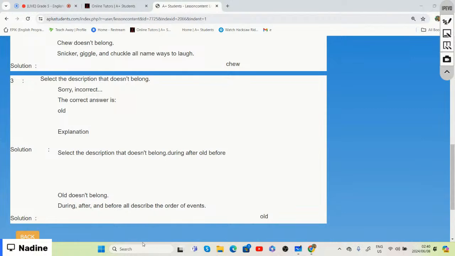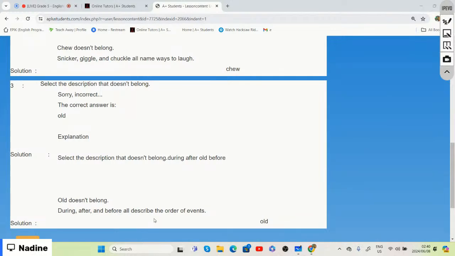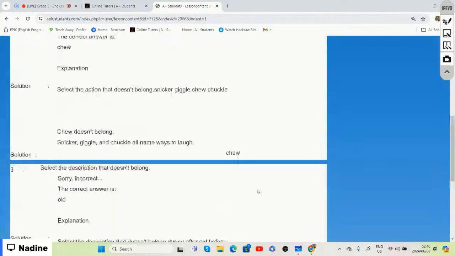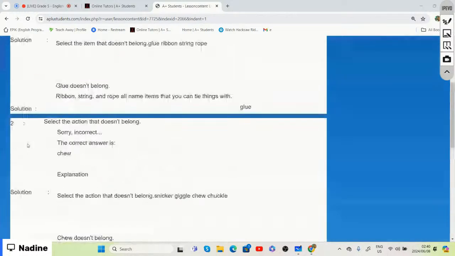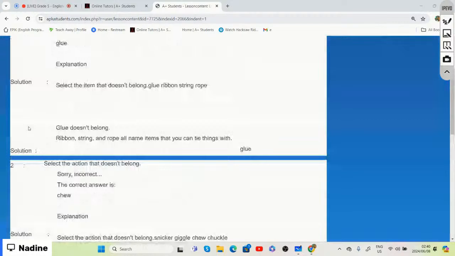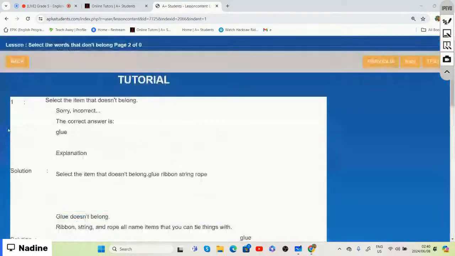All right. So that is how we identify words, right? And remember, we say that words are related due to the category. It's like the example we made about chuckle and laughter. It says that they are all names to laugh. So now you know names to laugh, names of directions, and now you know what specifically to look out for and what to identify as related words.